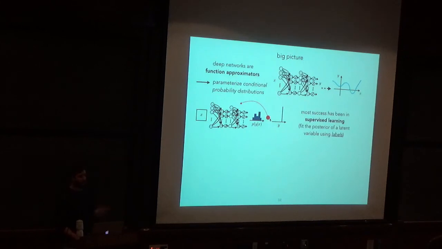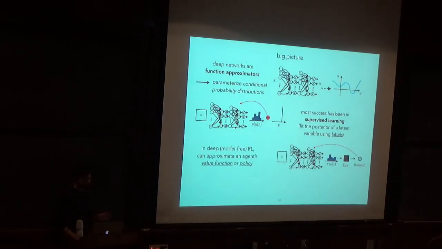The idea of deep learning can actually be applied to any kind of learning paradigm, regardless of supervised, unsupervised, reinforcement, what have you. So in deep reinforcement learning, here model-free deep reinforcement learning, you can use these deep networks to estimate value functions. So what is the long-term value of taking a particular action in a particular state, or just to parameterize your distribution over actions directly as a policy.